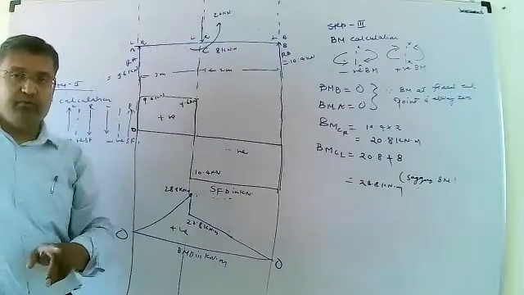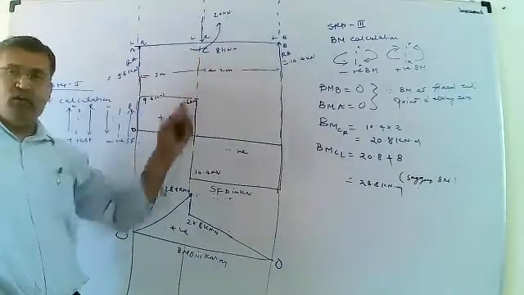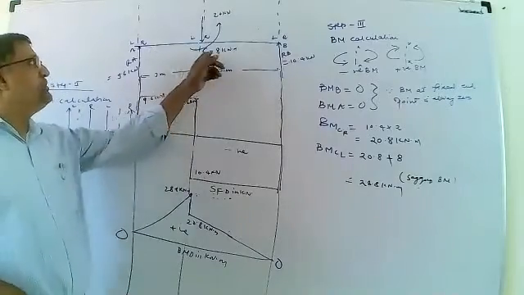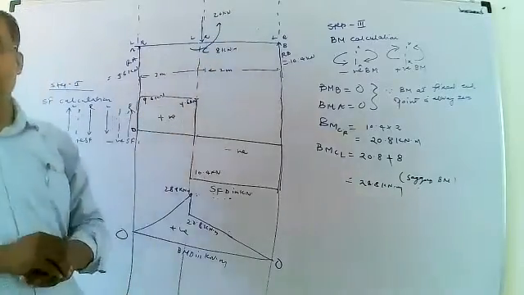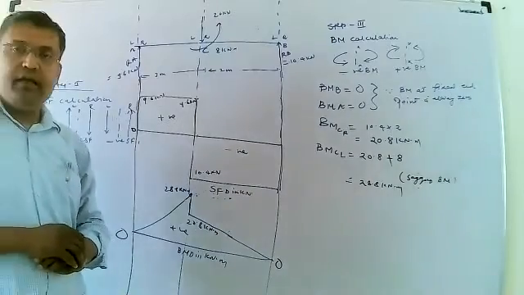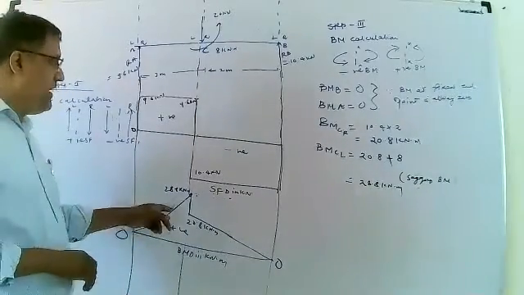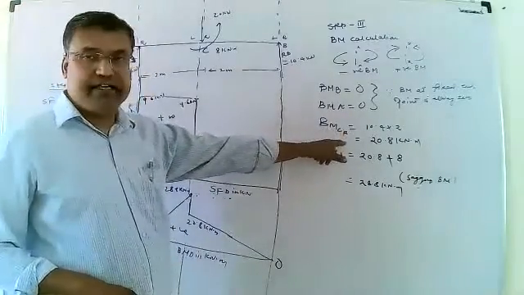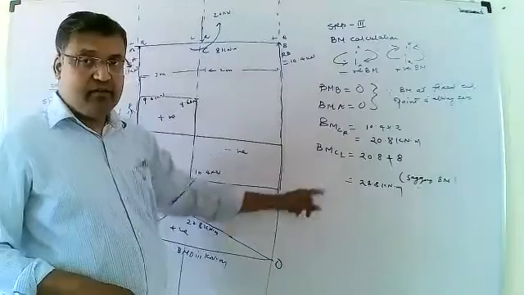But at the point C, a moment of 8 kilonewton meter is given. The direction of that moment is anti-clockwise. In that case, the bending moment is already calculated at the point C on the right side and left side.